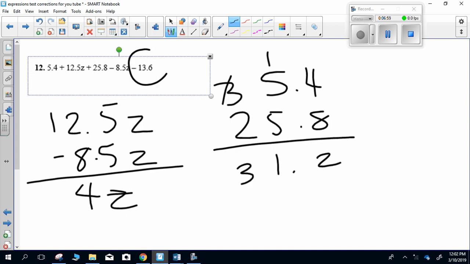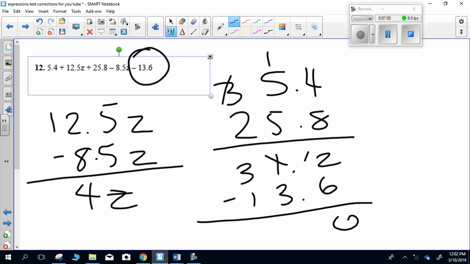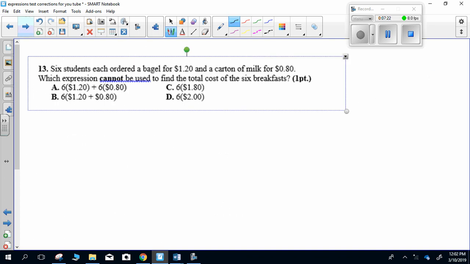Then I have to subtract, because I'd add the opposite, the 13 6/10. Borrow. Borrow again. So it's 4z plus 17.6, or 17.6 plus 4z.